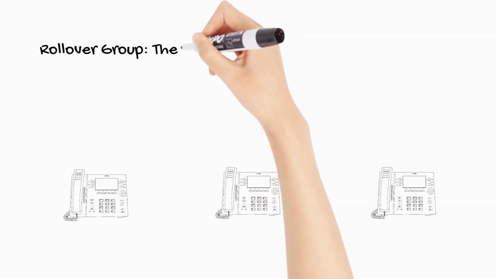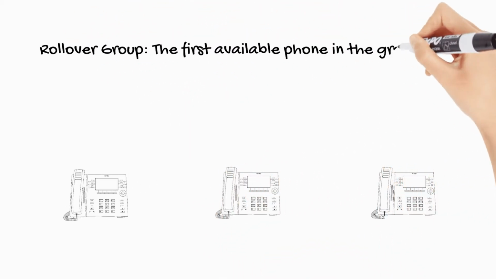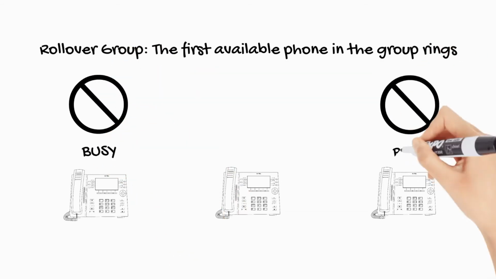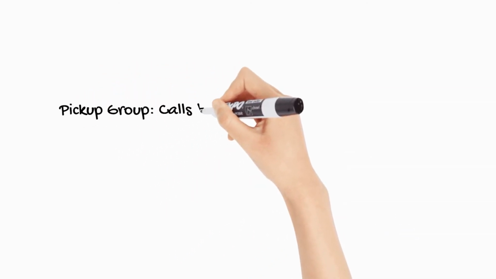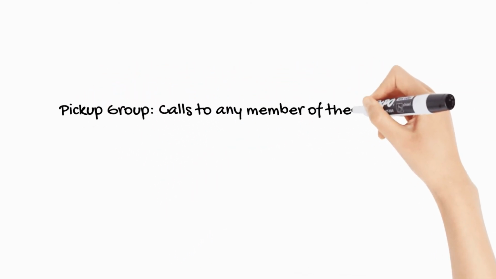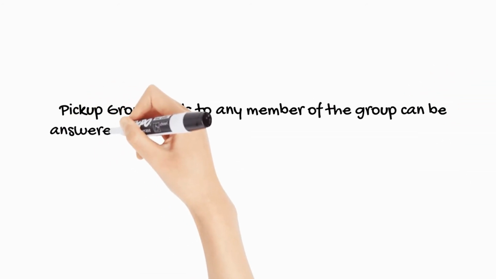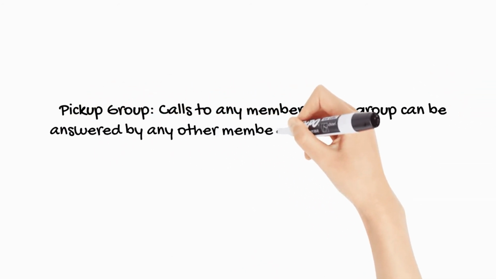A rollover group rings the first available phone in the group. A pickup group allows any member of the group to answer any other member's incoming calls, simply by pressing their pickup key.